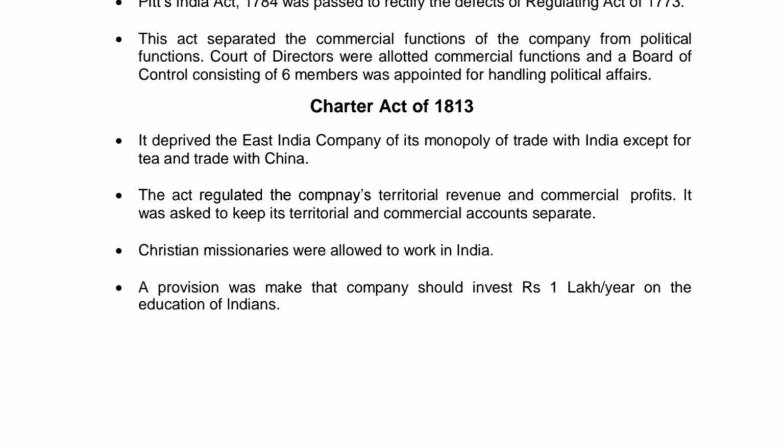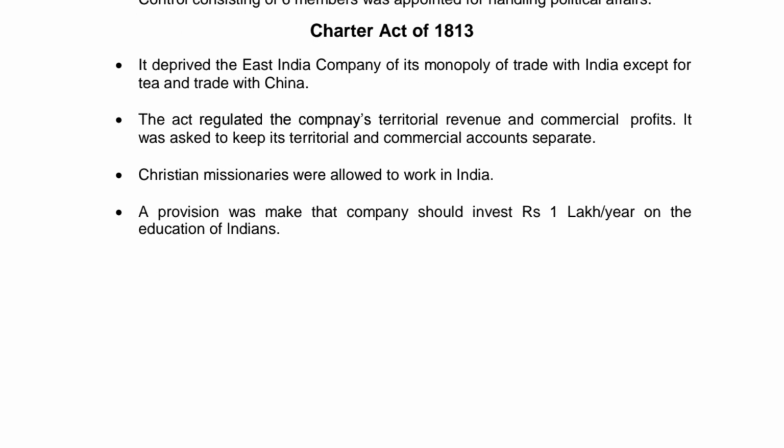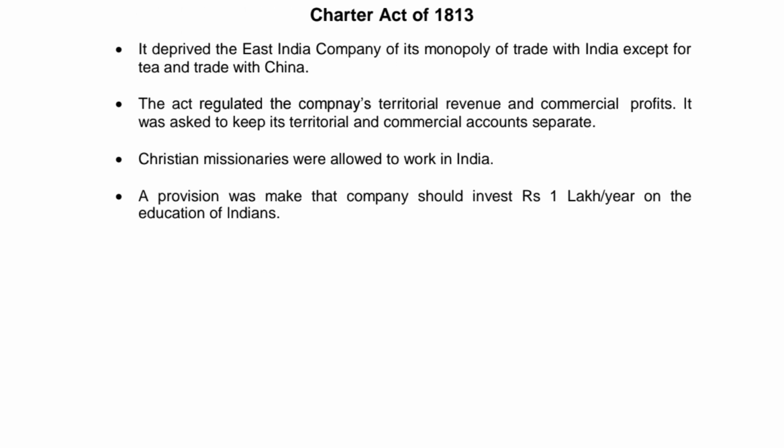Next is the Charter Act of 1813. It deprived the East India Company of its monopoly of trade with India, except for tea and trade with China. The act regulated the company's territorial revenue and commercial profits.